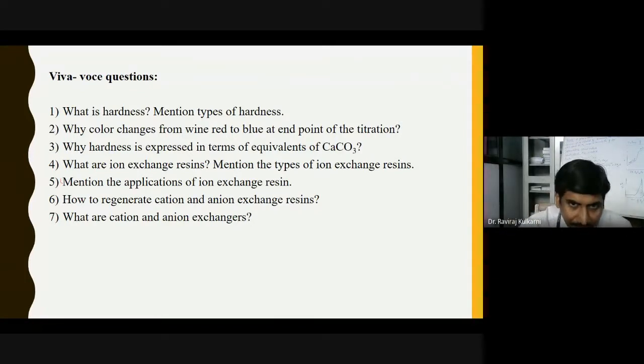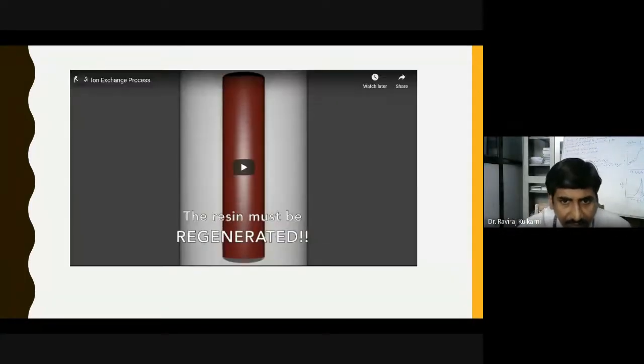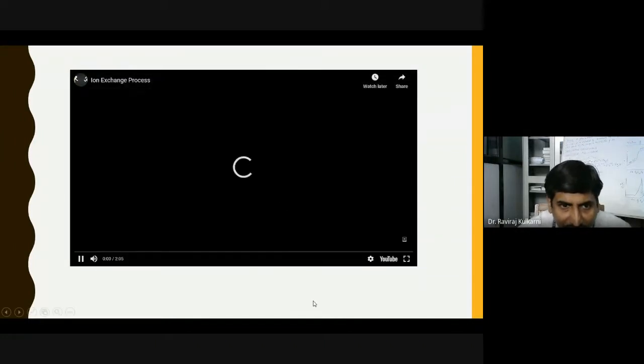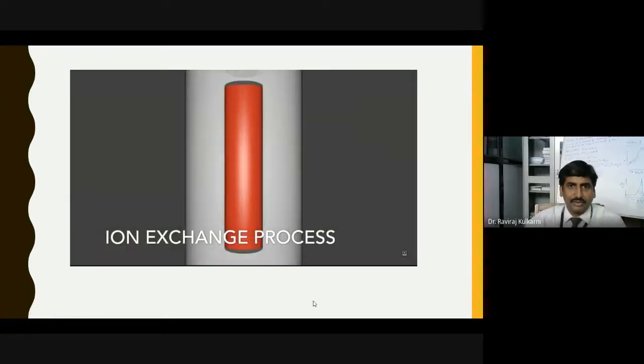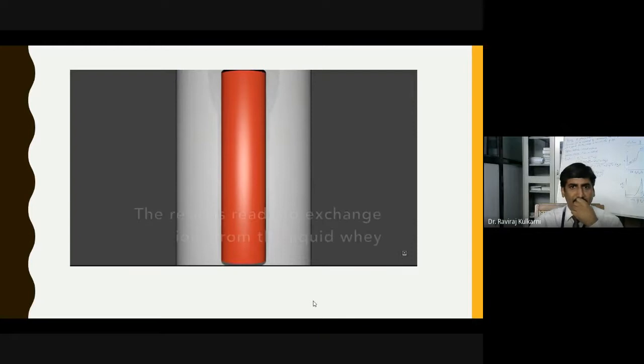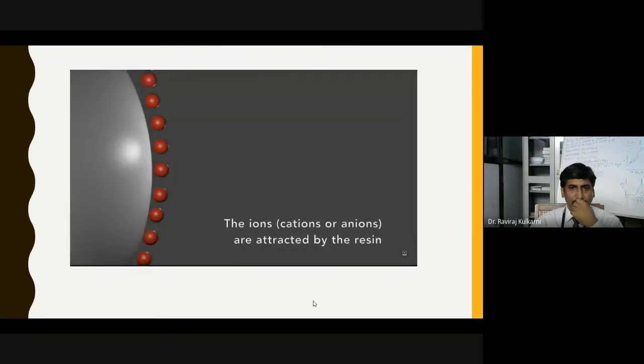I'll stop here. Just a video is there, I'll see if it opens. Ion exchange process video is there. So resin is ready to exchange ions from liquid.